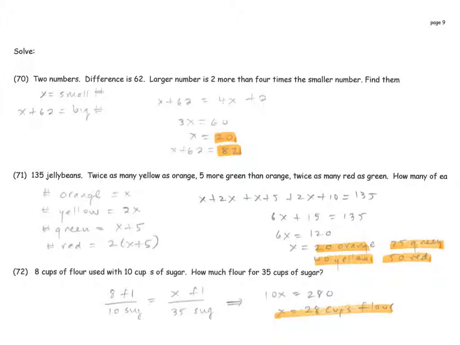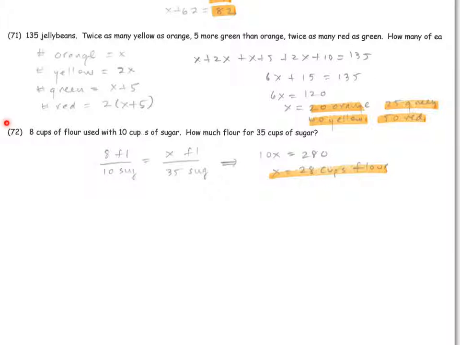Now all I had to do was add up all these formulas to 135, which was the total number of jelly beans, and I used the distributive law, so I said x, 2x, x plus 5, 2x plus 10 equals 135, and I ended up with 20 orange, double is 40 yellow, 5 more green was 25, and double was 50 red.